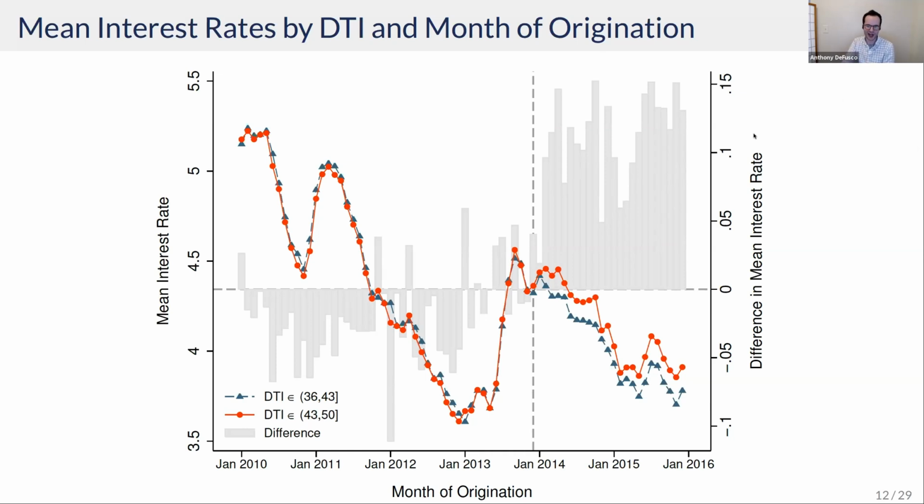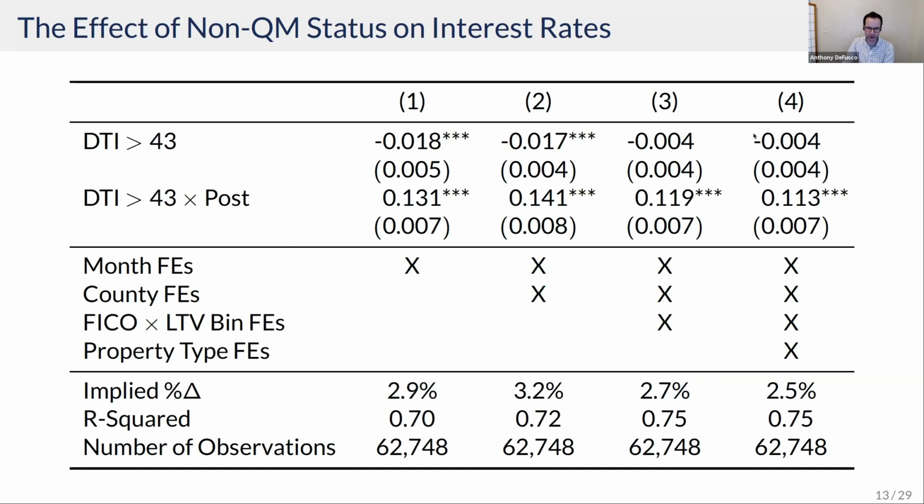Okay, and so this suggests a research design where you do a difference in differences. I'm going to compare interest rates for mortgages above and below this 43% cutoff before and after the implementation of this policy. I won't show you the equations. I'll just show you the bottom line results from this. What this 13 basis point number here is saying is just that these newly regulated mortgages are about 13 basis points more expensive from the perspective of the borrower after this policy change came into effect.